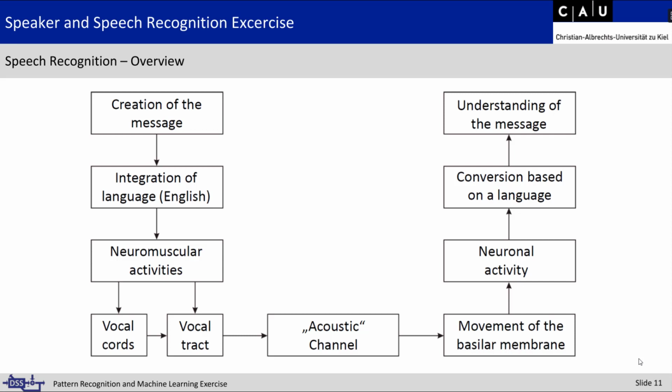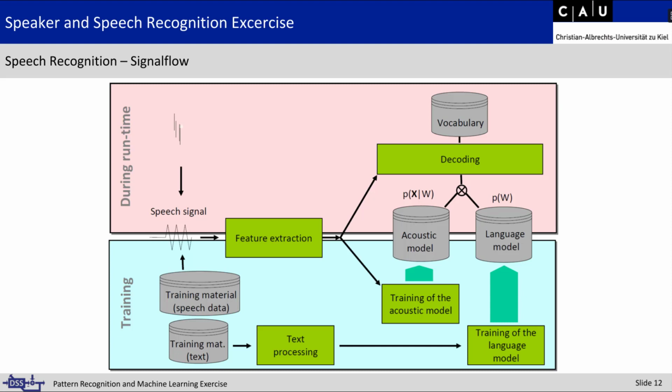So we have neuronal activity, and we convert those signals into language, and afterwards we have to understand the message of the words. So this is pretty much a speech transmission.